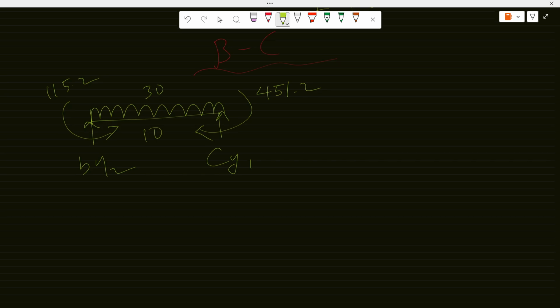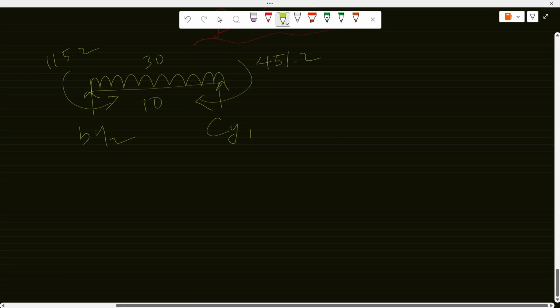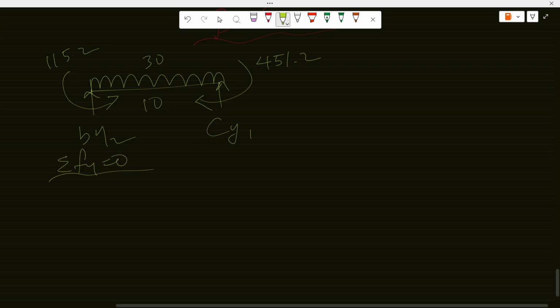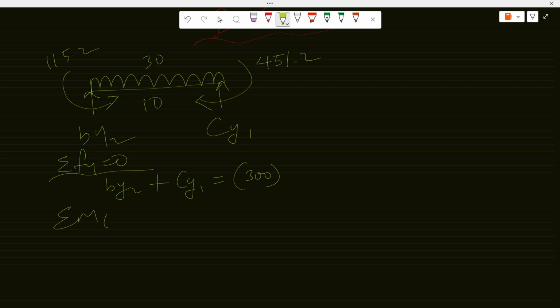So, applying my equilibrium equations to this, summation Fy is equal to 0. So I'm having BY2 plus CY1 is equal to 300 once again, and summation M_B.